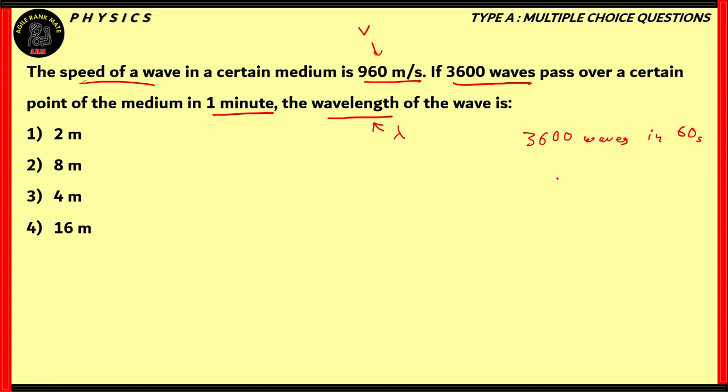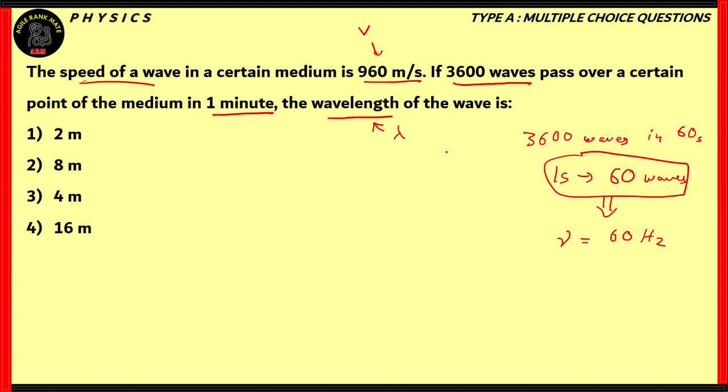So if we were to calculate the number of waves in 1 second, we just have to divide 3,600 over 60. That would, of course, give you 60. So in 1 second, you have 60 waves. That means we have, in effect, found out the frequency of that particular wave. So frequency, represented as nu, is equal to 60 hertz.